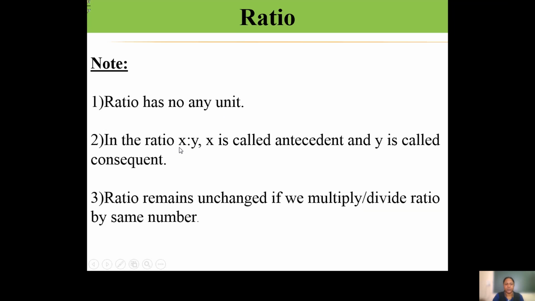In the ratio x is to y, the variable x is called the antecedent and the variable y is called the consequent. The next note is that ratio remains unchanged if we multiply or divide the ratio by the same number. So these are some important notes about the ratio.